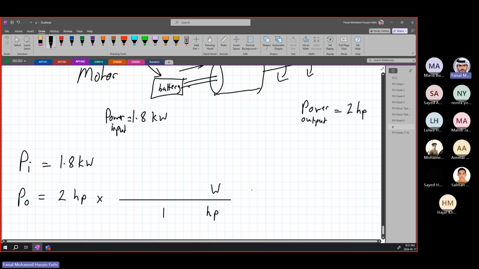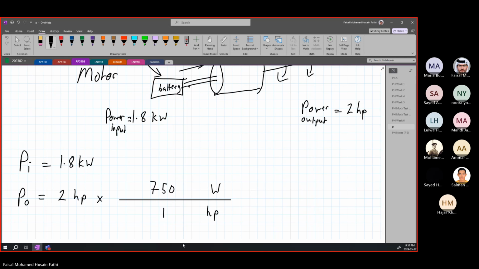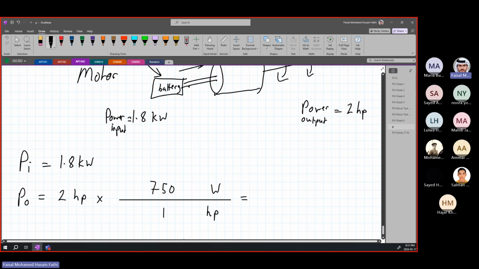We know that 1 HP is 750 watts, all right? So this is going to be equal to 1,500 watts. HP and HP will cancel, 2 times 750. This will cancel. 1,500 watts. Same thing with PI. Let's convert it to watts. So this is 1.8 times 1,000 watts, which is equal to 1,800 watts, right?